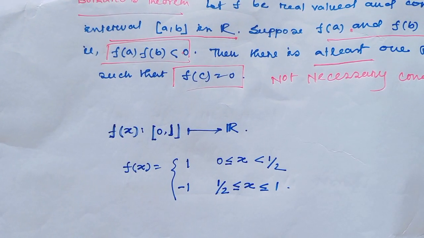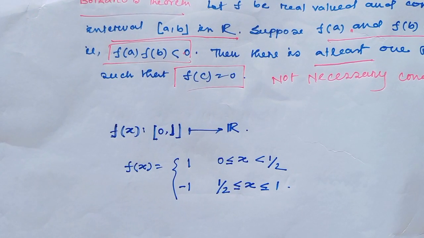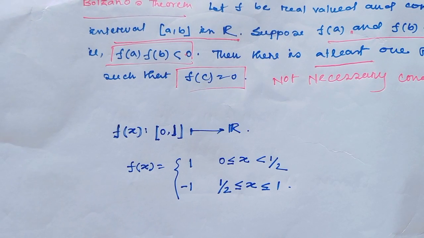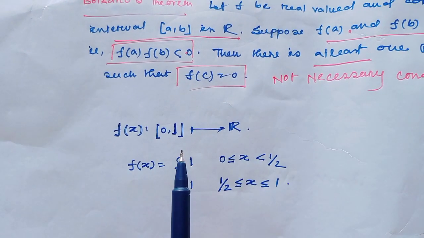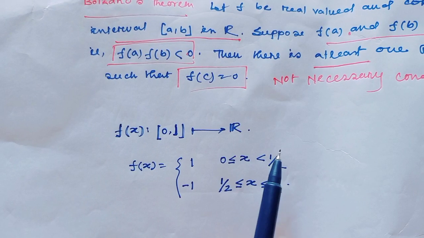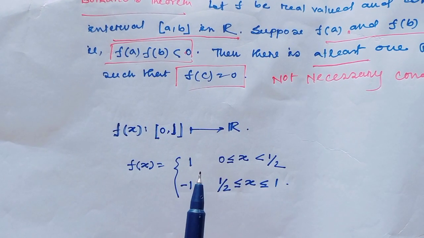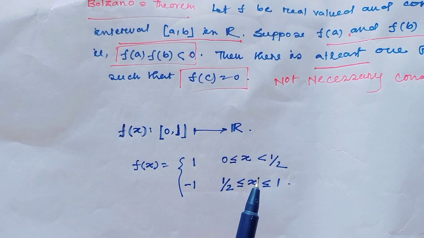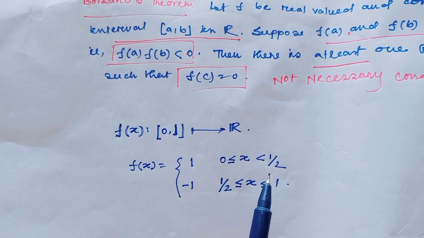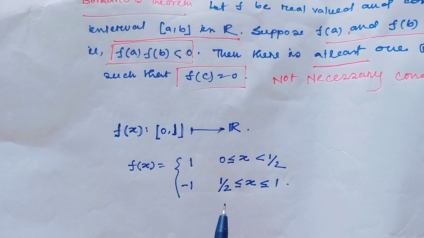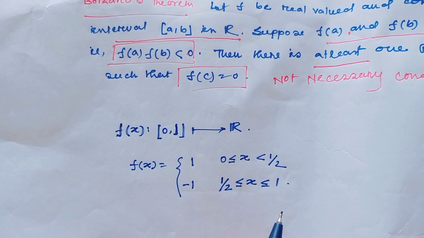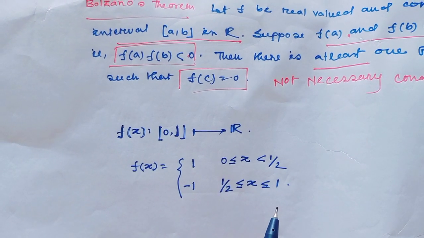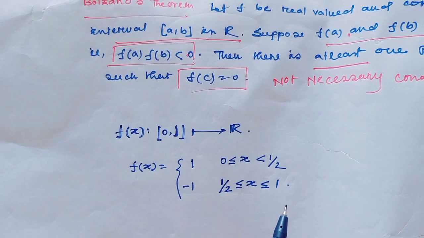As an example, at first consider f(x) defined from the closed interval [0,1] to R such that f(x) equals 1 when x lies in [0,1/2), and minus 1 when x lies in [1/2,1]. Here the graph is of this type.